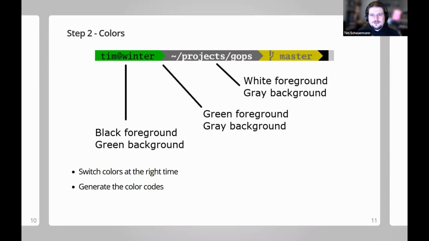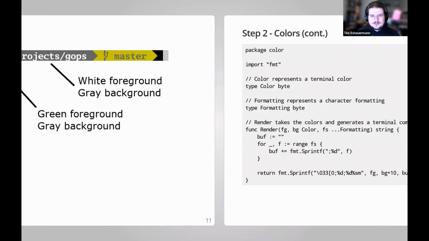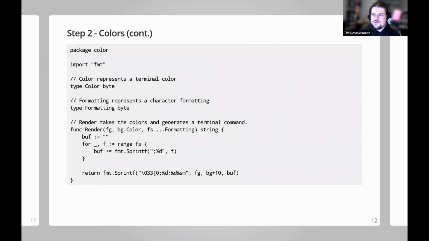So I wrote a little code to generate this color encoding. It's basically just a color type and a formatting type, both just bytes, and a render function.